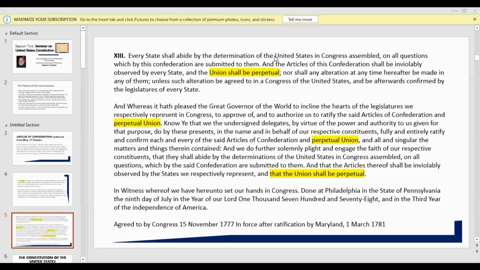Here are the interesting historical considerations. What happened in 1781? America had its biggest victory in the Revolutionary War, the Battle of Yorktown, which was basically the last major battle of the Revolutionary War, which prompted the king to essentially sue for peace.